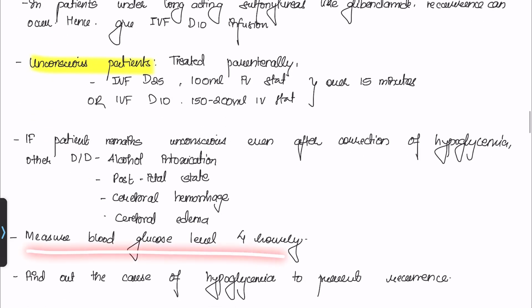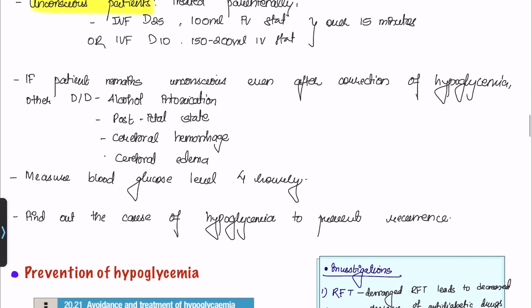Then we will measure the blood glucose level every 4 hours, and if the symptoms subside, after 24 hours we can discharge the patient. Whenever a person has hypoglycemia, we always need to find the cause to prevent recurrence. If the patient remains unconscious even after correction of hypoglycemia, other causes of unconsciousness should be sought, like alcohol intoxication, post-ictal state, cerebral hemorrhage, and cerebral edema.